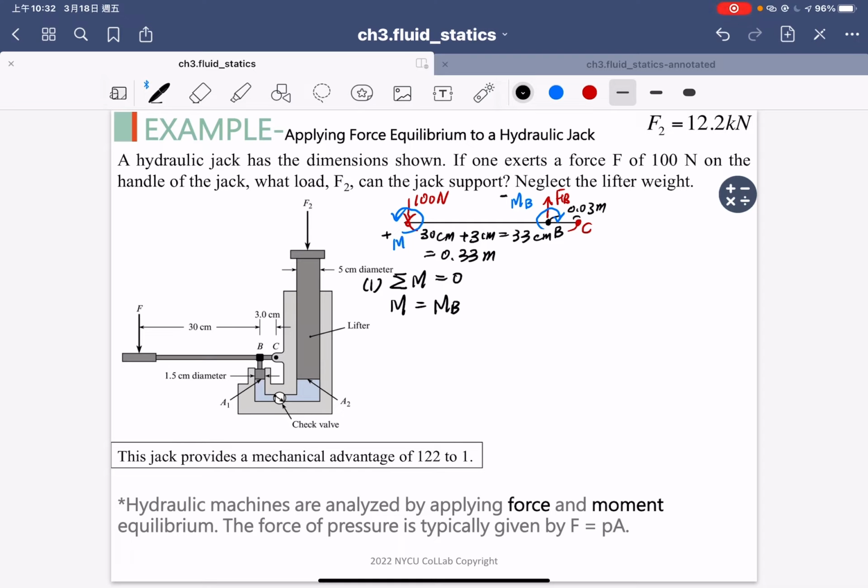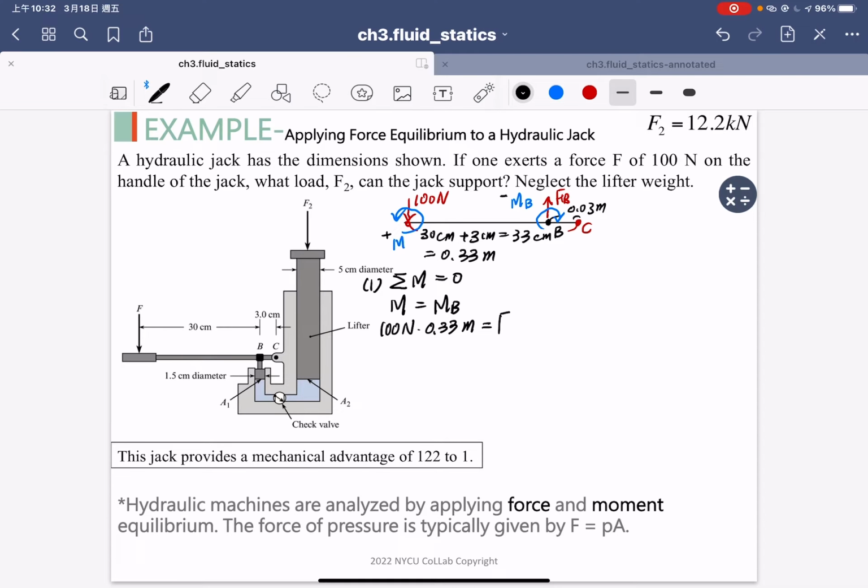How can we get the moment M? Because we already know the force is 100 Newton, and the length between the force and the C point is 0.33 meters, and this is equal to the moment B. But for the moment B, we don't know FB right now.